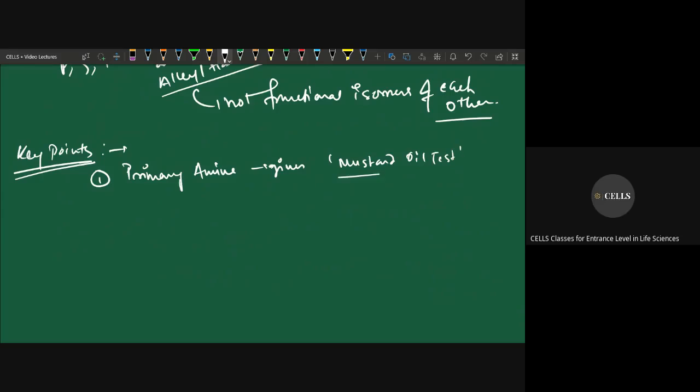Mustard oil test is done by primary amines. Second, primary amines also give the carbylamine test. We'll discuss carbylamine after a few minutes, when we do the isocyanide functional group.